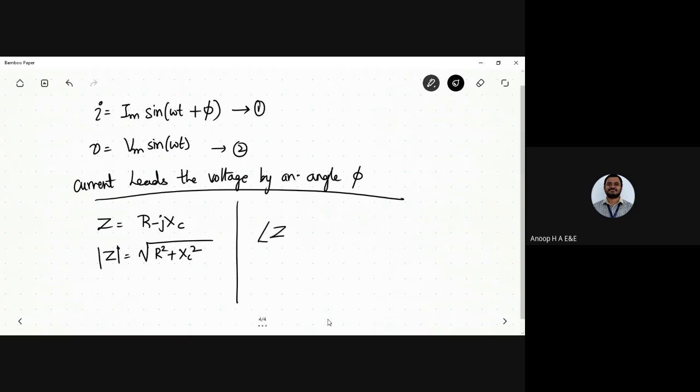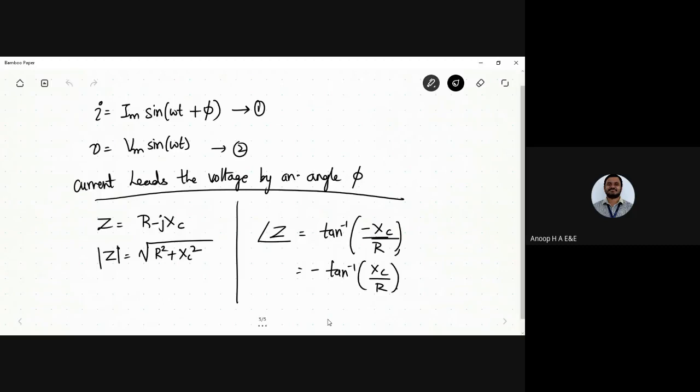The angle at which Z can be measured is tan inverse of minus XC divided by R, that is minus tan inverse of XC divided by R. That's how the angle is present there, so you can write the instantaneous value of the voltage and also the current clearly.